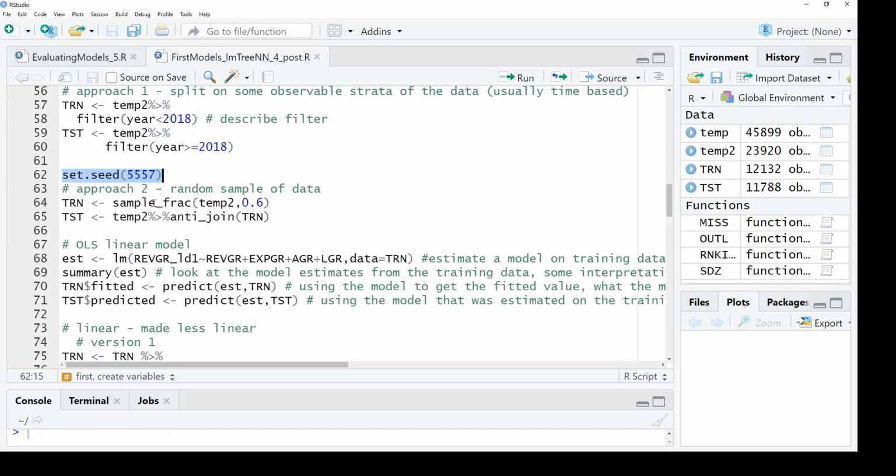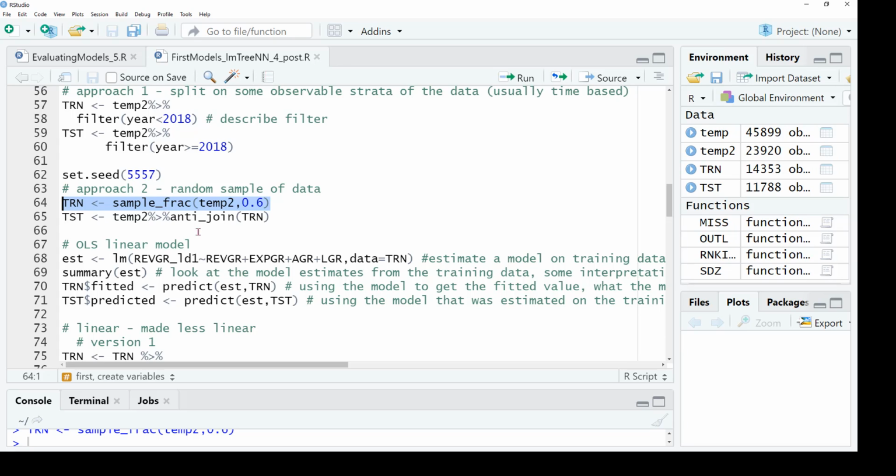Then I can randomly sample from the temp2 data set, and sample underscore frac is the sample fraction from the DPLYR package, and I'm going to sample 60% of that data set. So I pull that. Now it is 14,000, which is about 60% of this 24,000 one.